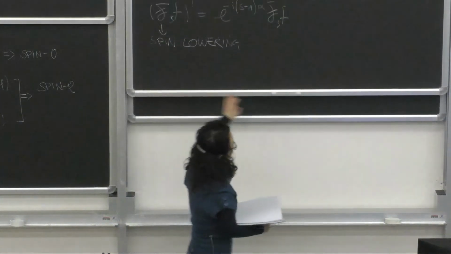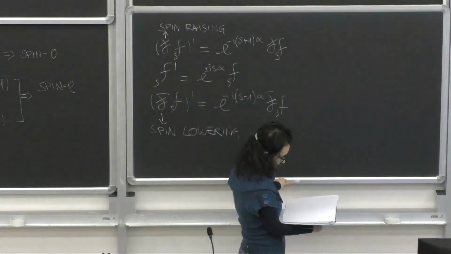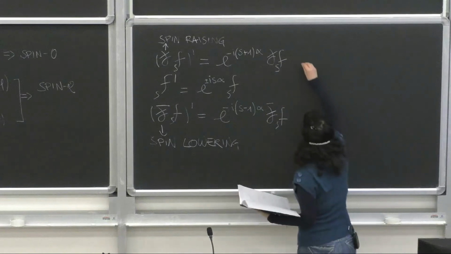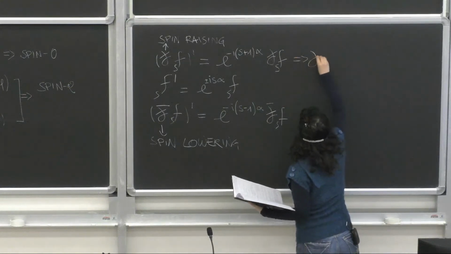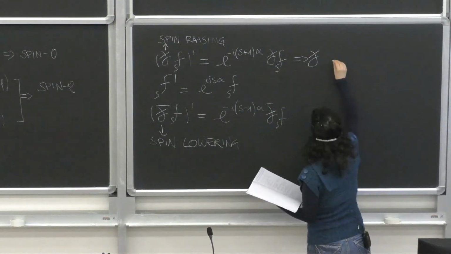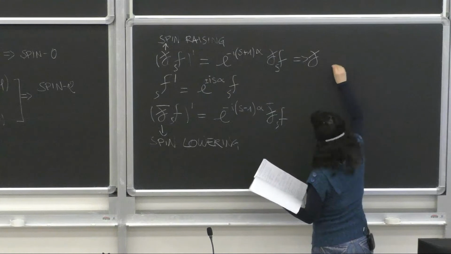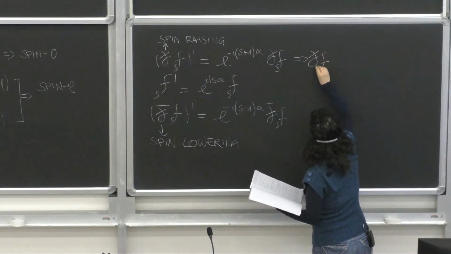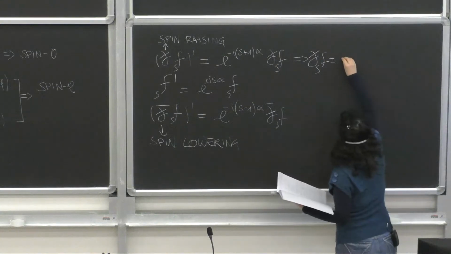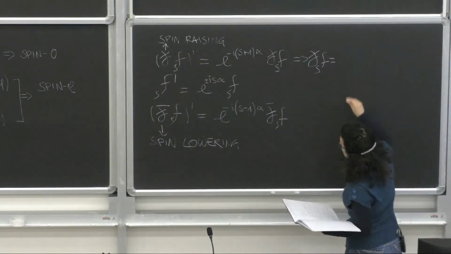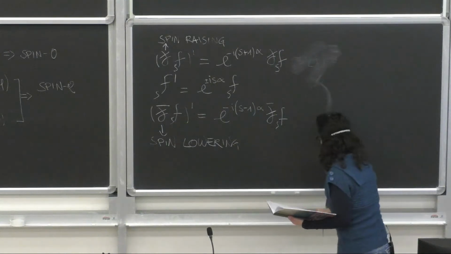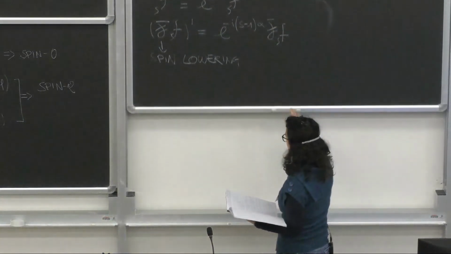Let me give you also the expression of these operators. So the spin raising one is given by, no, maybe I need a bit more space to write it, so let's use the other blackboard.